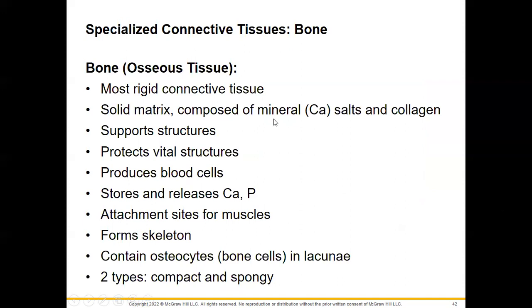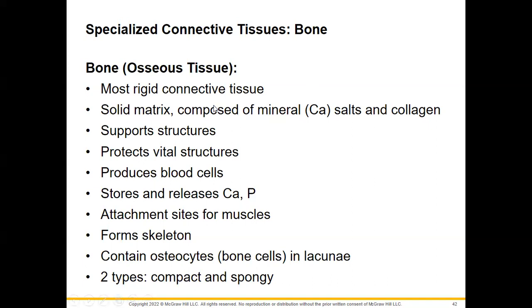This solid matrix is going to be composed of lots of mineral salts, especially calcium salt, but it's not the only mineral. We know that calcium is most abundant in the body in the bones, and we know that calcium makes up a large portion of the bones, but it's not the only mineral that is located in the bones. You also have other minerals like magnesium, etc. And it has collagen. So you're starting to see collagen in more and more places. Remember, collagen lends tensile strength to a substance.